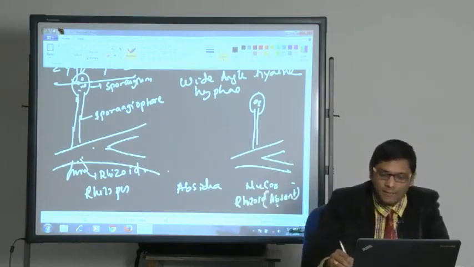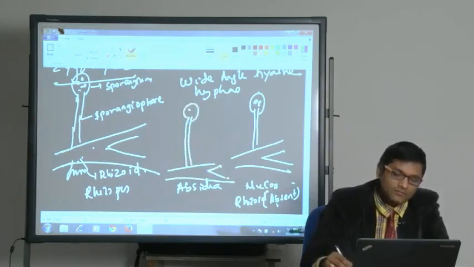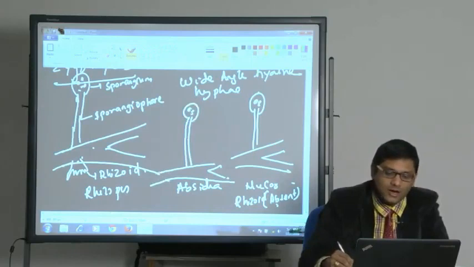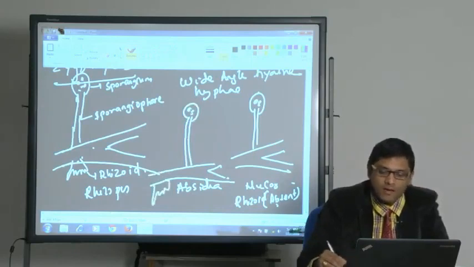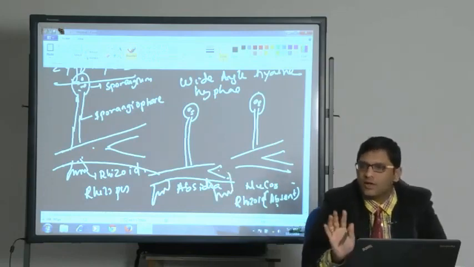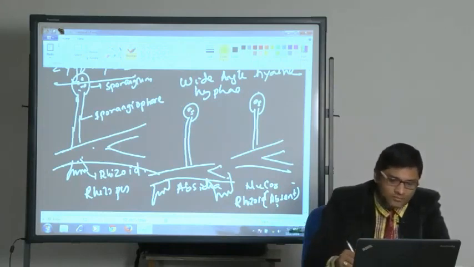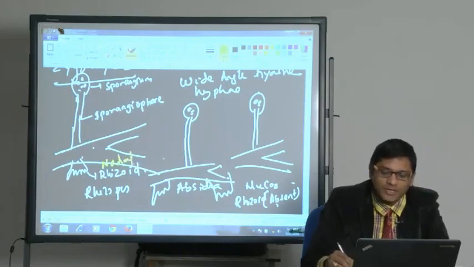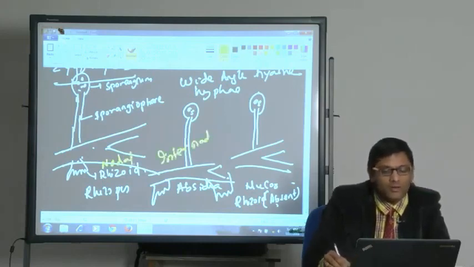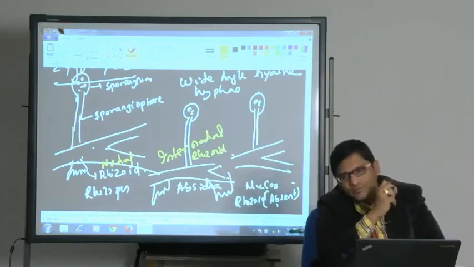In Absidia, they say that the rhizoid will be internodal. In between the two rhizoids, the sporangiophore will be there. So Rhizopus will have a nodal rhizoid, and Absidia will have an internodal rhizoid.